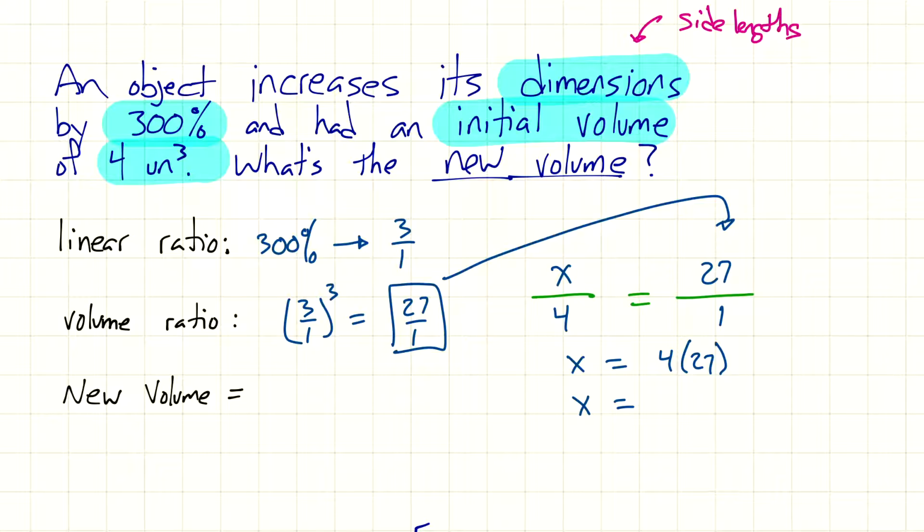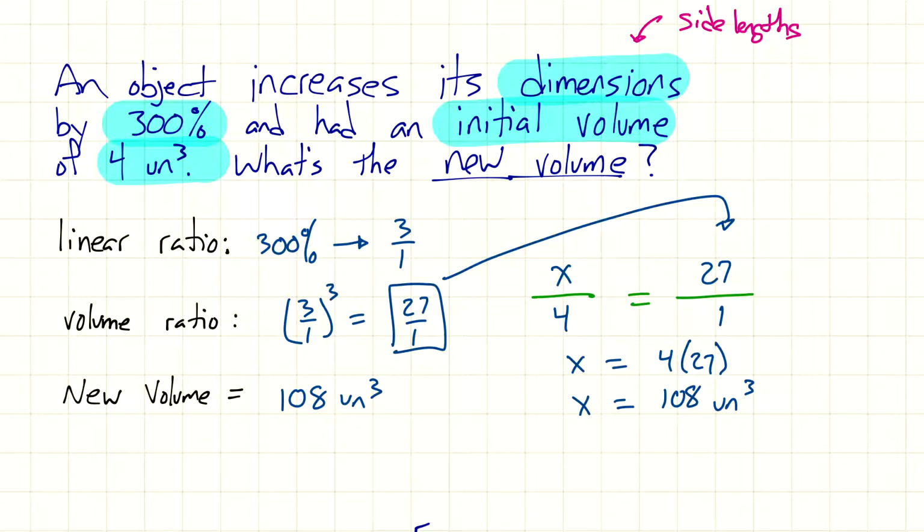I can calculate that one. Let's see, 4 times 27, 108. We are talking about units, so make sure you have the correct units there. So this would be 108 units cubed.